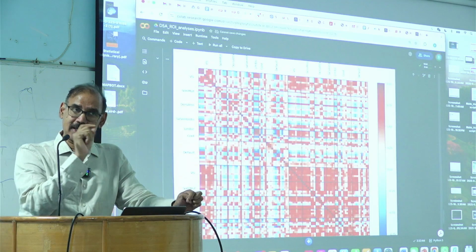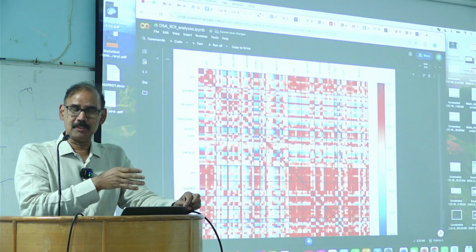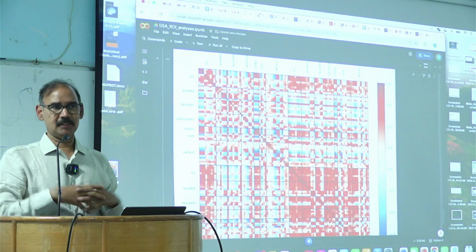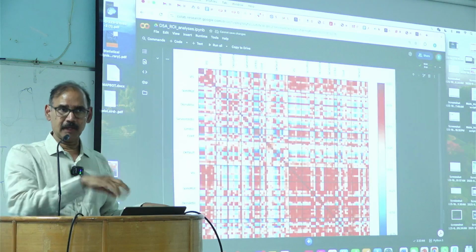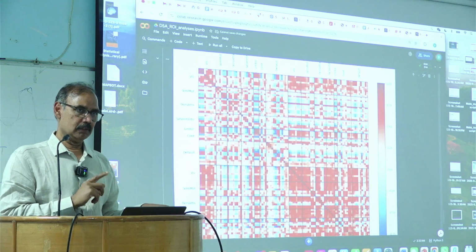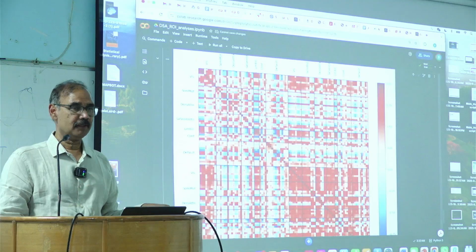I could just take one voxel and do correlation. That would be seed based, or I could take all the voxels in the region, average it, and then run it, right? So it's not confined to taking a sphere, right?